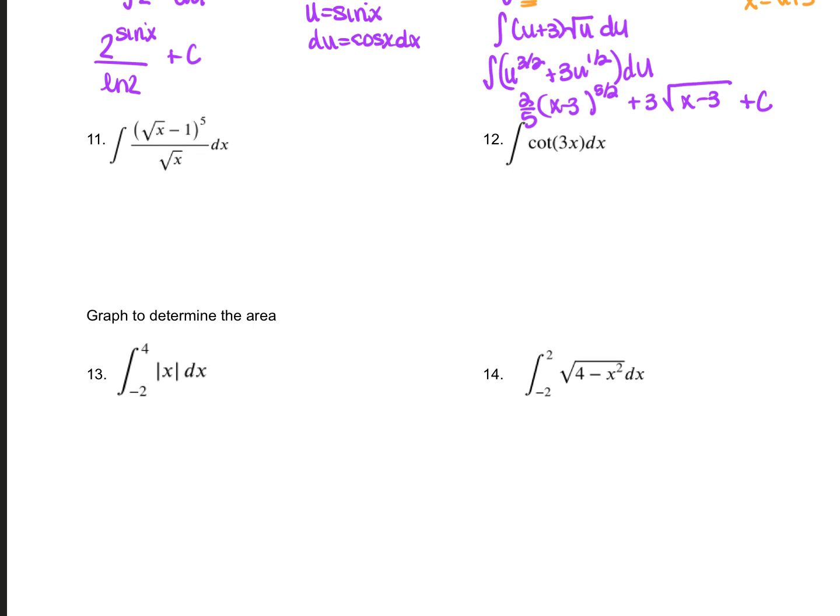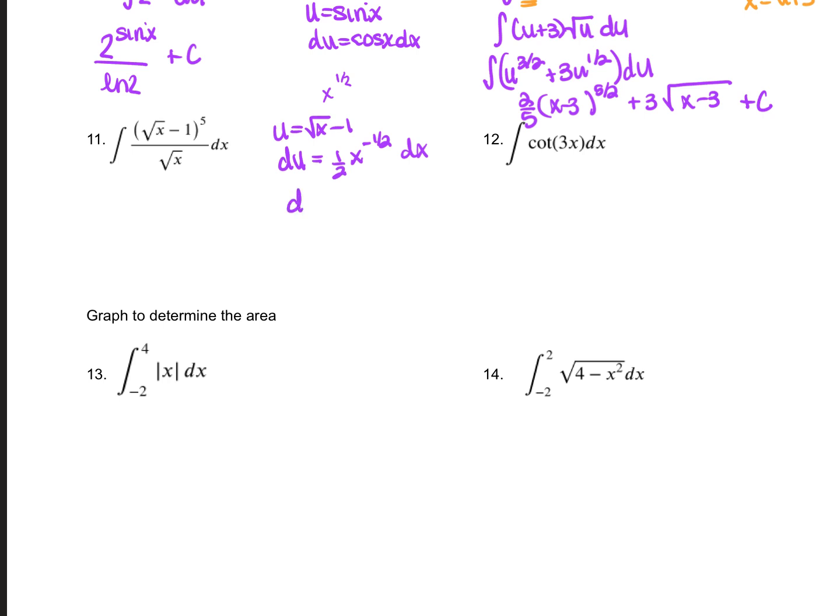So 5, I got something to the 5th power and then a division. Now I really don't want to multiply something out to the 5th power, so I really hope that's our u. So that's what I'm going to try. So then our du, let's see, that's really x to the 1/2. So this would be 1/2 x to the negative 1/2 dx.